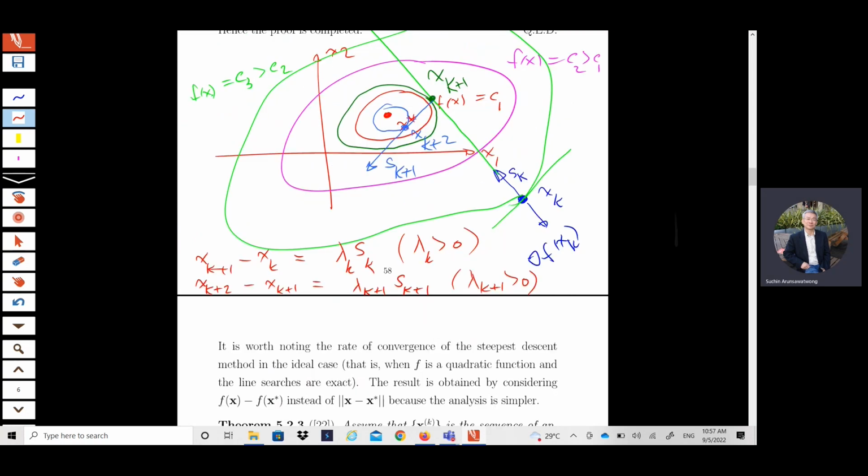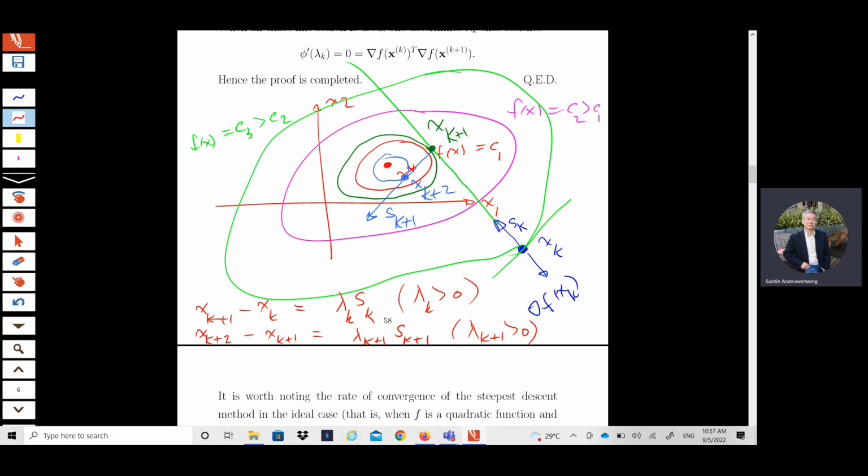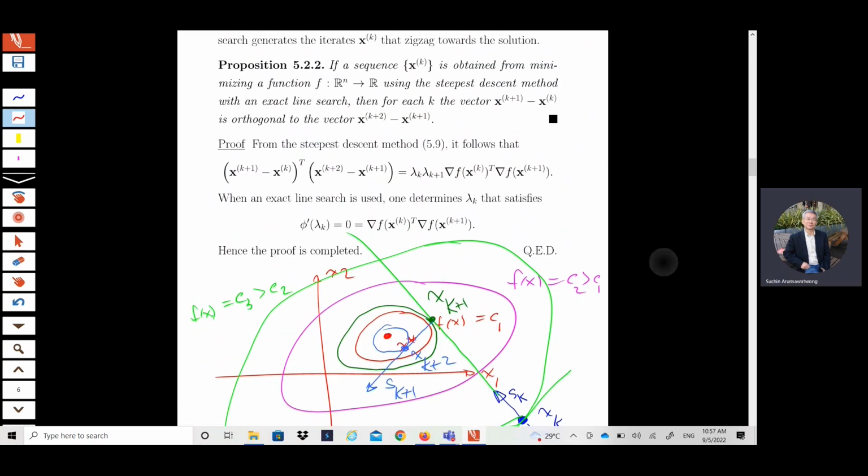So the dot product of the two vectors becomes lambda k plus 1 multiplied with sk transpose sk plus 1. This is what we know.